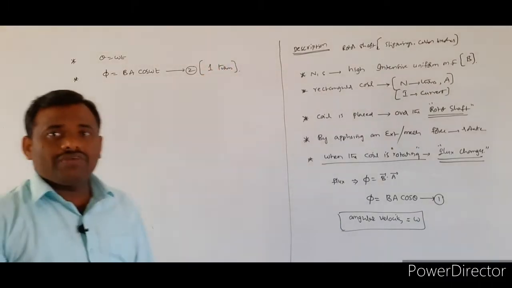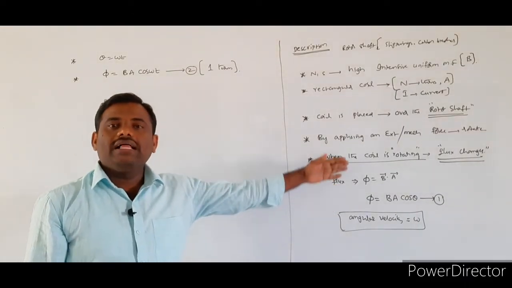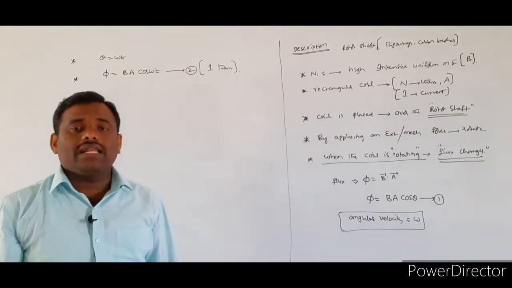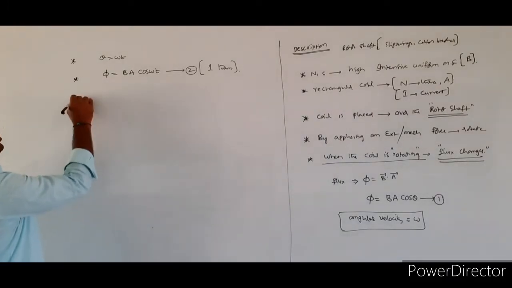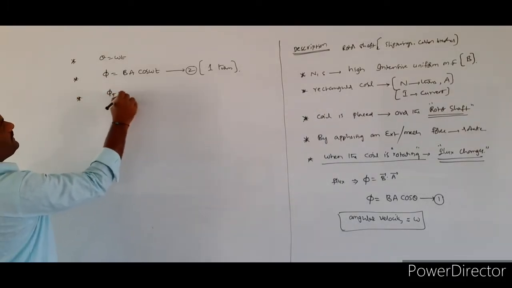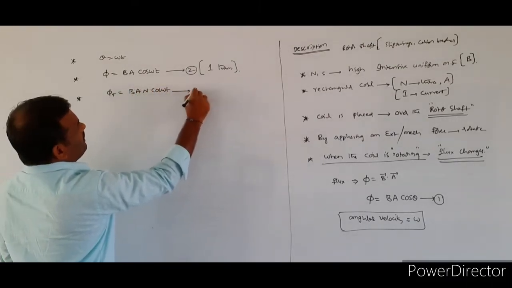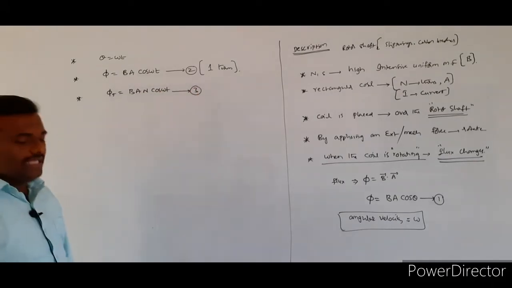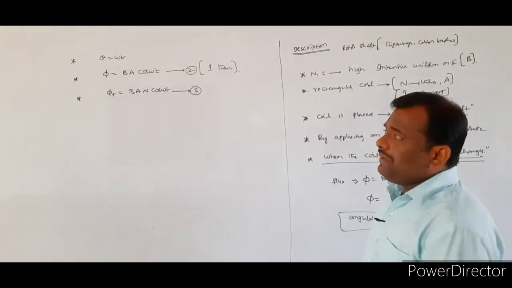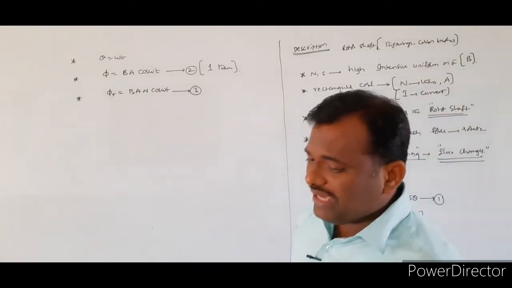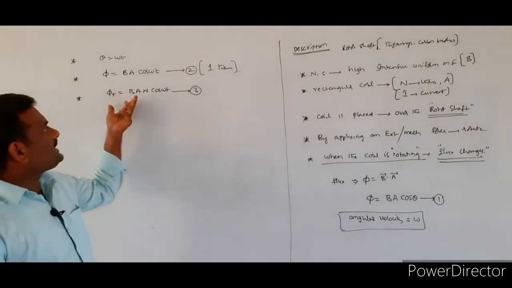If the given rectangular current carrying coil consists of capital N number of turns, then the total flux linked with the N turns is given by phi total equals B into A into N into cos omega t, where N is the total number of turns. So the flux value will be this.